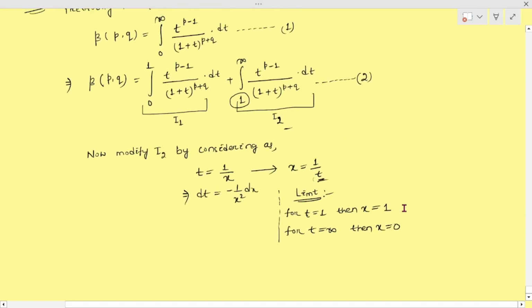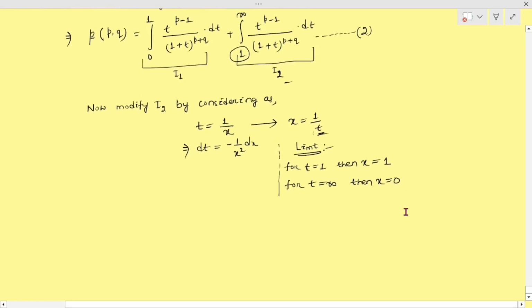So I2 will be, hence, I2 will be the integral with the old limit 1 to infinity and the new limit 1 to 0.